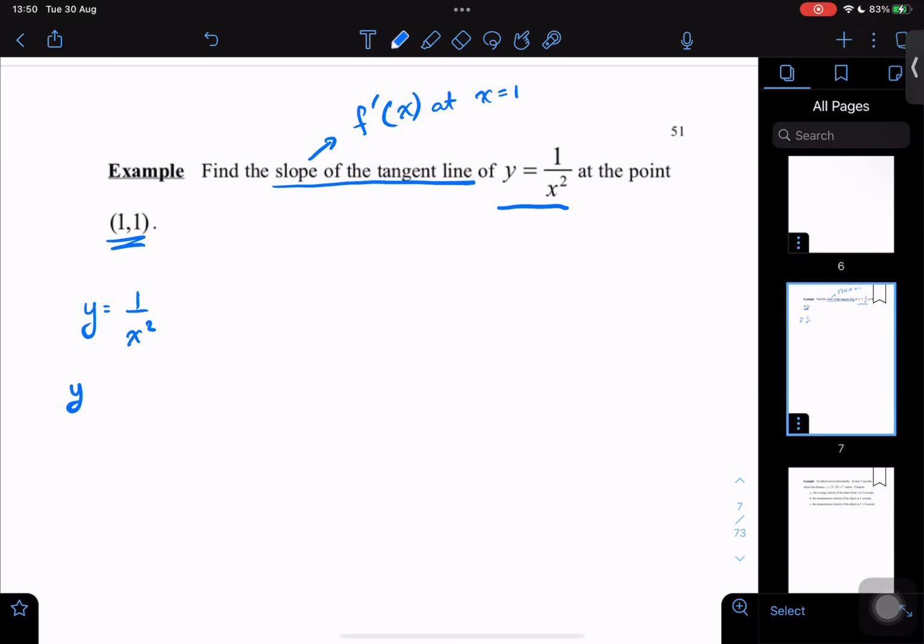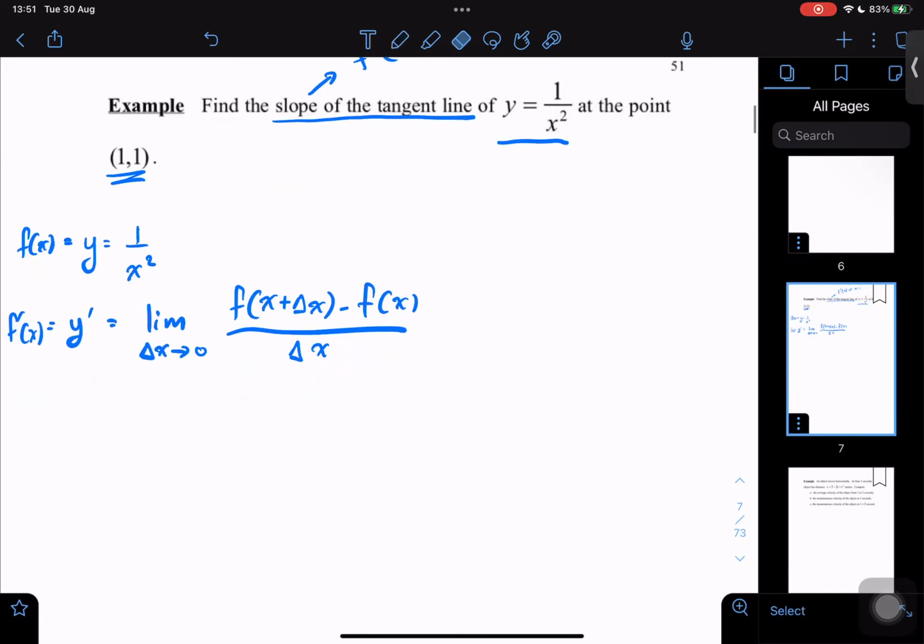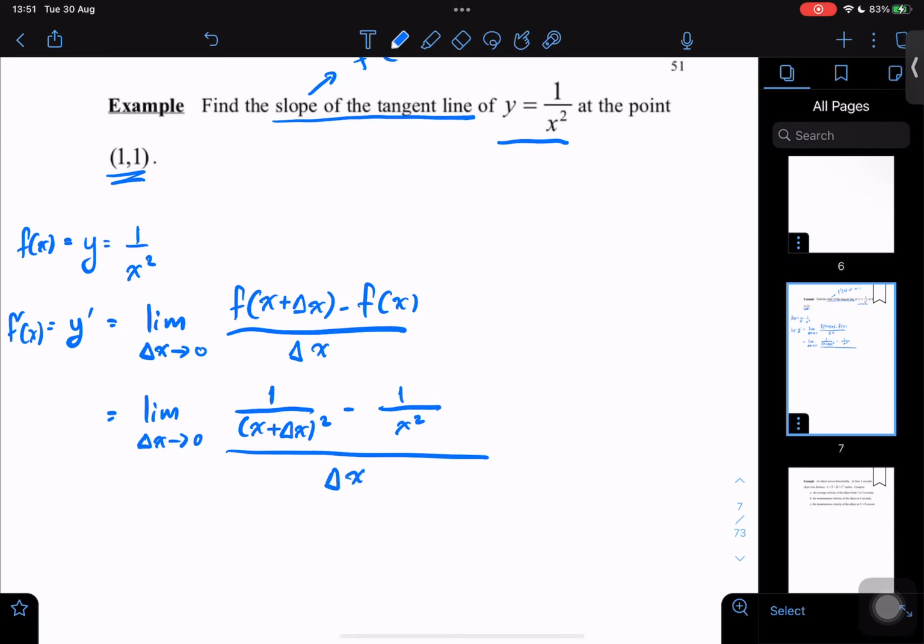We want y prime at x, or you can just write y prime equal to the limit of delta x approaching 0 of f of x plus delta x minus f of x over delta x, which equals 1 over x plus delta x squared minus 1 over x squared, over delta x, like this.